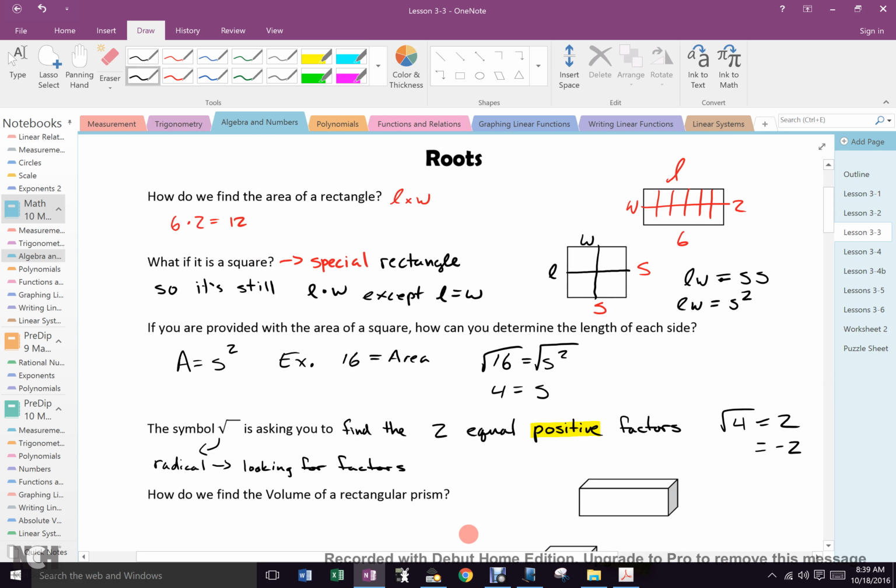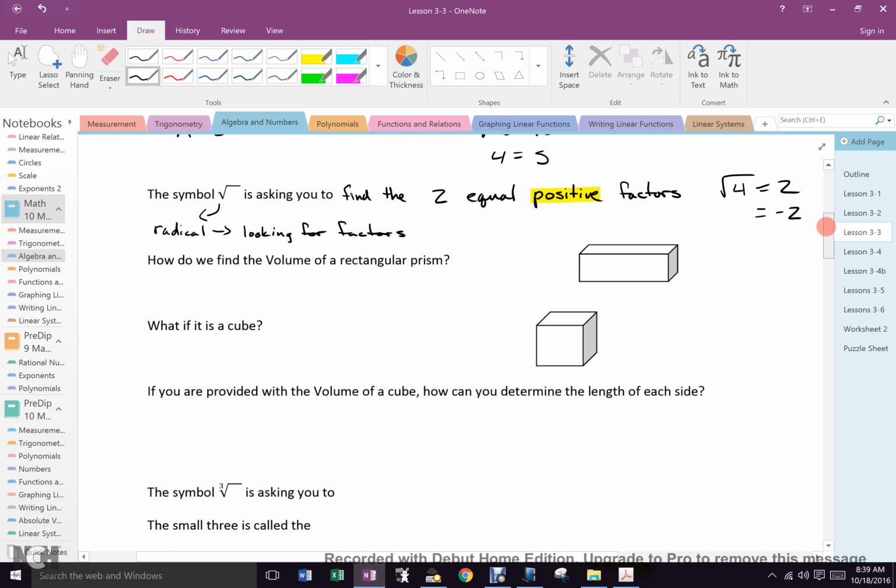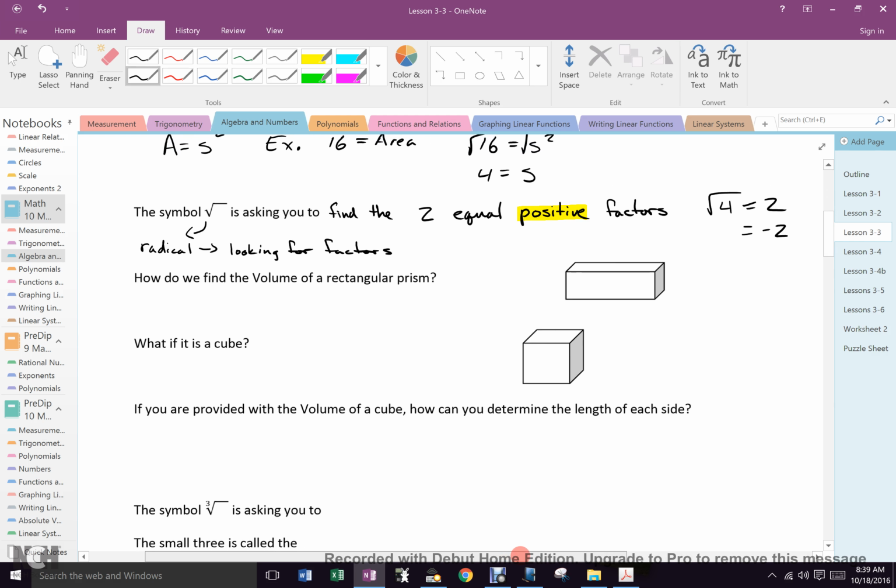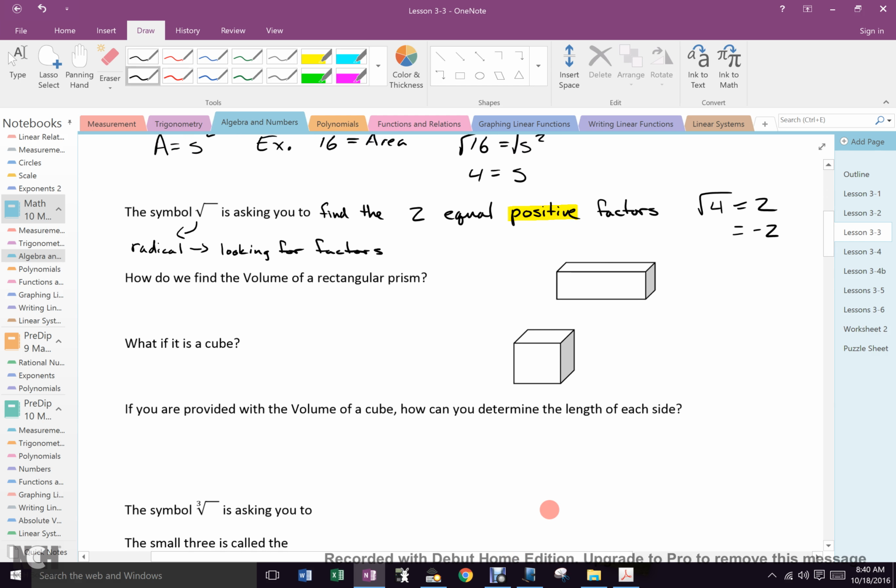Now, that's what you did last year. Last year you probably didn't do volume, but we did volume in this class. So we've got a rectangular prism. How do I find the volume of this guy? Area of the base times height.